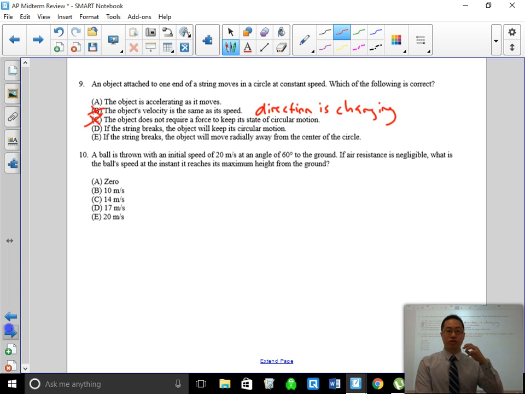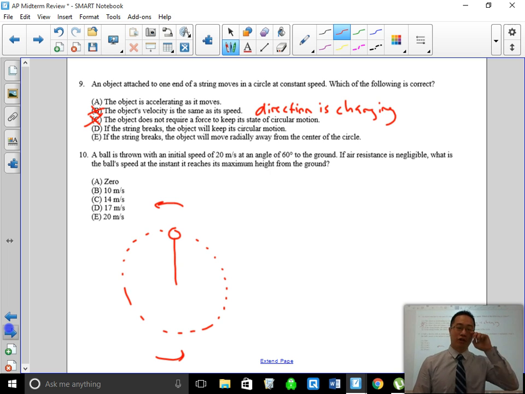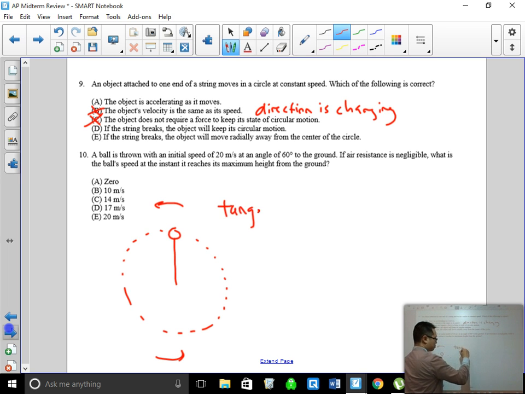And if the string breaks, assuming it's going in a clockwise manner, whenever the string breaks, it's always going to fly off in a direction tangential to the circle.